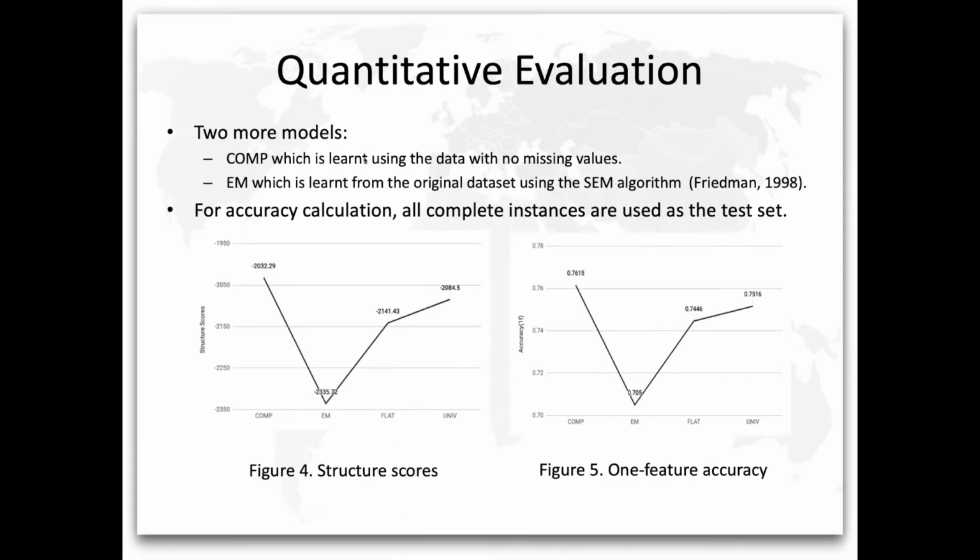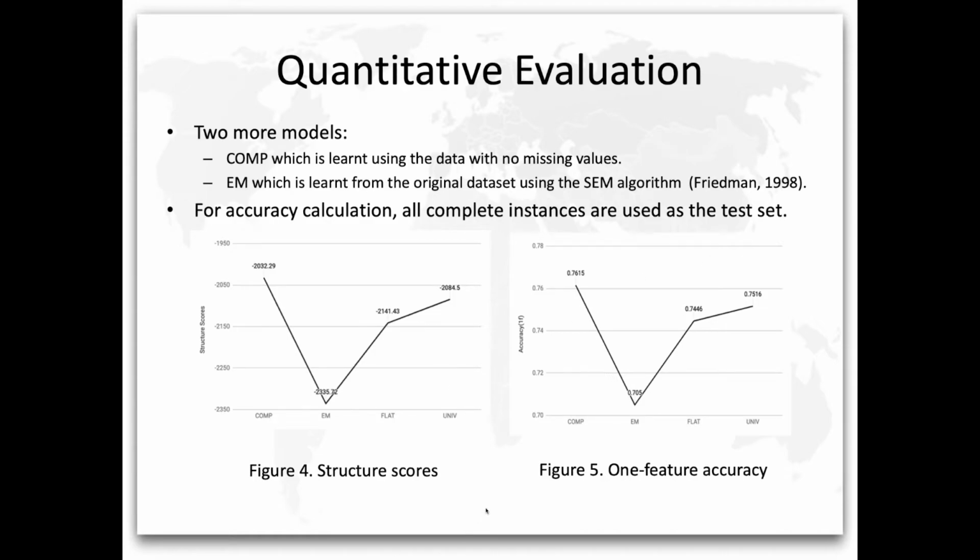But we also developed 2 more models, COMP, which is learned using the complete data set, which is the data with no missing values, and EM, which is learned from the original data set using the SEM algorithm. For accuracy calculation, all complete instances are used as the test set.